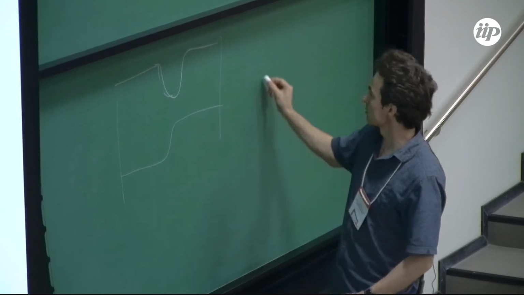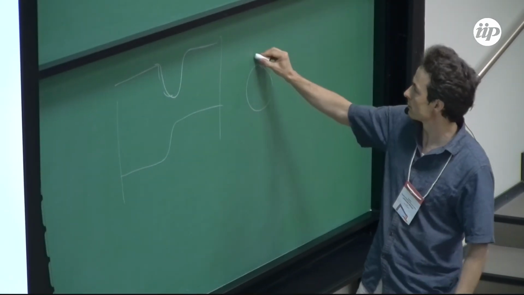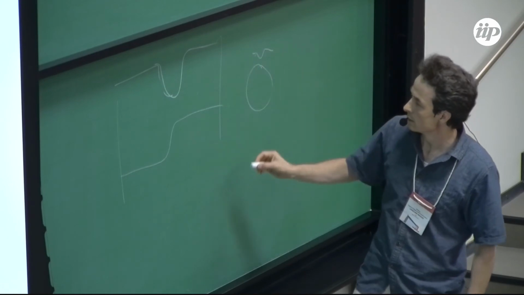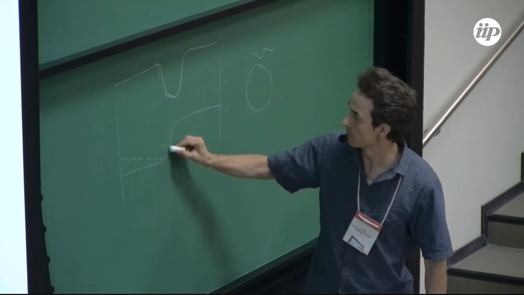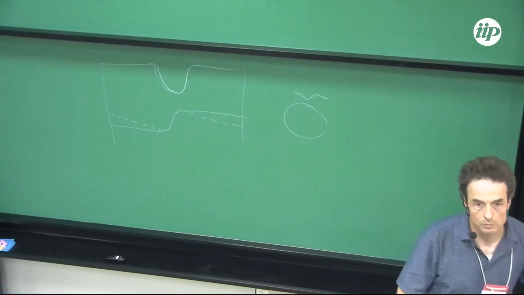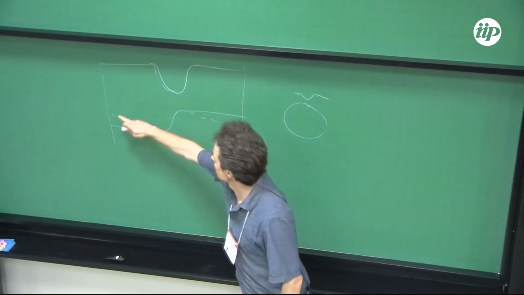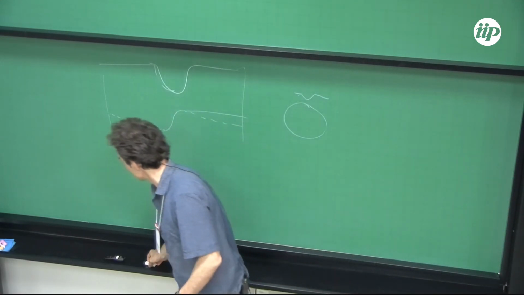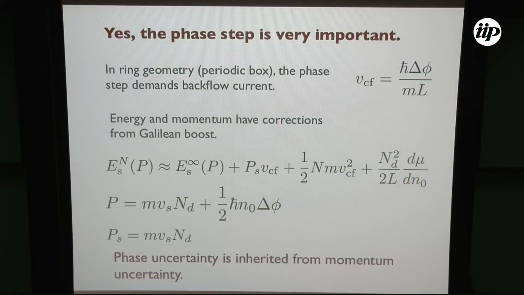So in order to complete that around the ring, you have to add a background flow. That is just a homogeneous flow, a phase gradient, that then brings the phase back to come out at 0 or multiples of 2 pi.